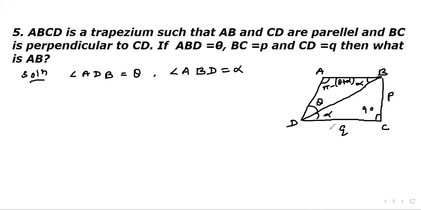These two sides AB is parallel to CD, that is why angle BDC is also alpha. And since this angle is 90 degrees, so BD will be equal to root of P square plus Q square from Pythagoras theorem. Now, by angle sum property, angle A, that is angle DAB, will be pi minus (theta plus alpha).